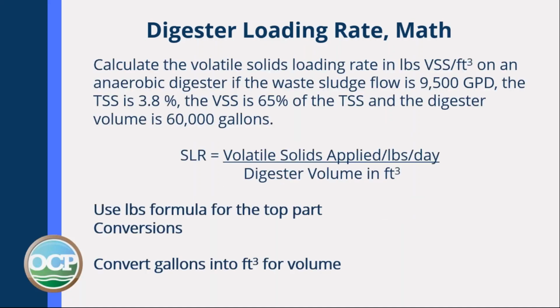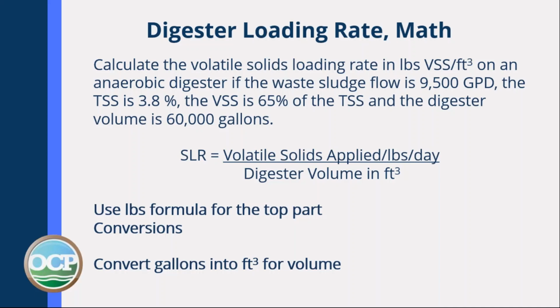To calculate the digester loading rate, let's work through one of these together. Calculate the volatile solids loading rate in pounds of volatile suspended solids per cubic foot on an anaerobic digester if the waste sludge flow is 9,500 gallons per day. The TSS is 3.8%.